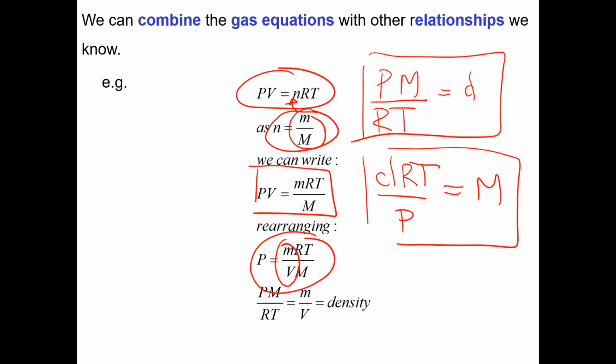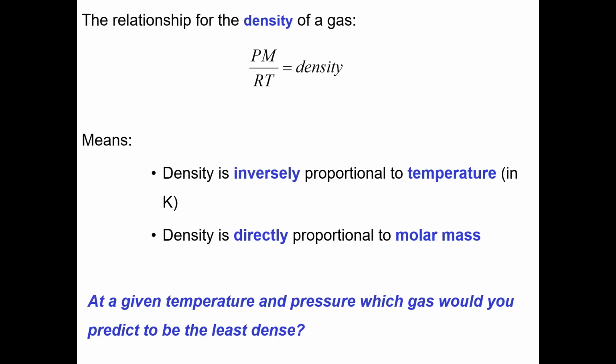And these two relationships are really helpful. The first one tells us a few interesting things. It tells us that as temperature goes up, the density of a gas goes down. That is, density and temperature are inversely proportional. It also tells us that as the molar mass goes up, the density goes up.